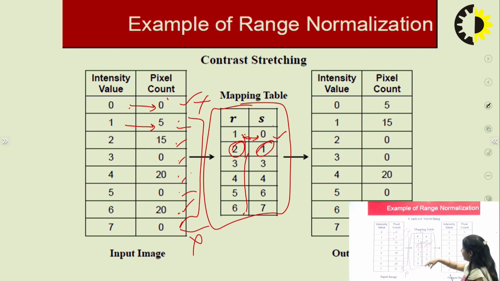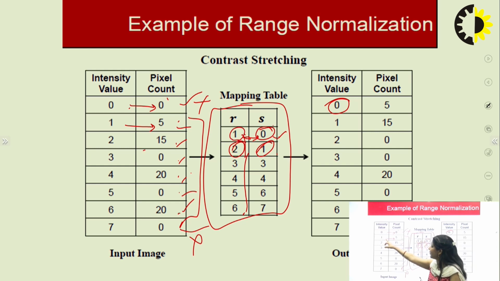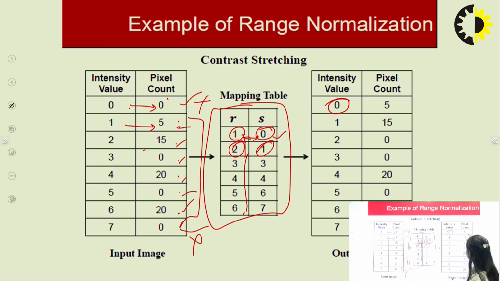First, the intensity value 1 corresponds to 0. Intensity value 1 has pixel count 5, so 1 maps to 0 and 0 has the value 5. Then 2 maps to 1 and has 15, so we get a pixel count of 15 with the value 1.